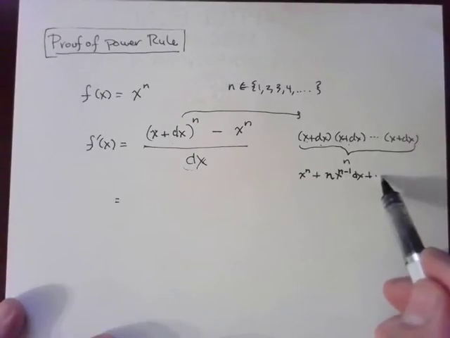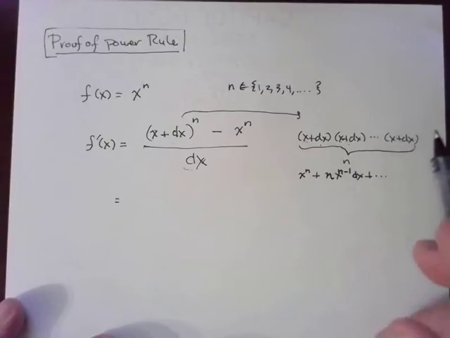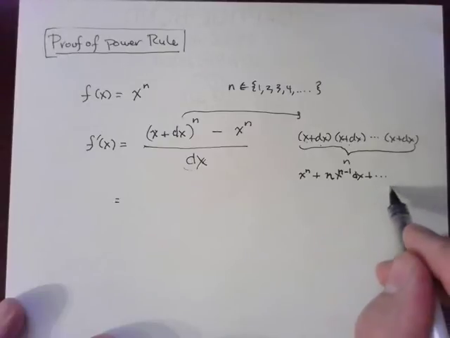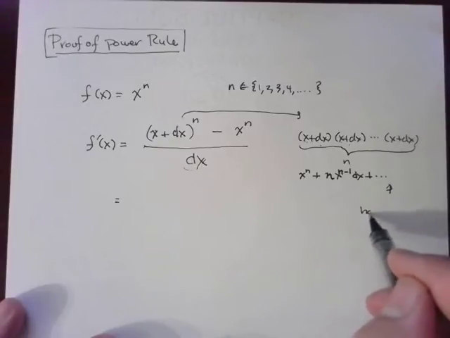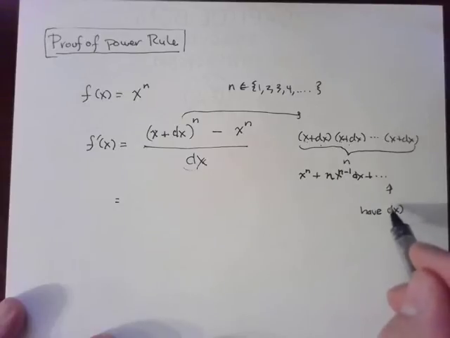And then there'd be a lot more terms, a tremendous amount of terms if n is a very large number. But all of these remaining terms would have to have dx squared or higher.